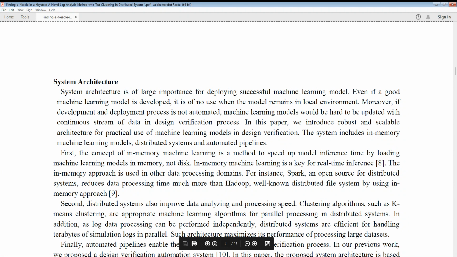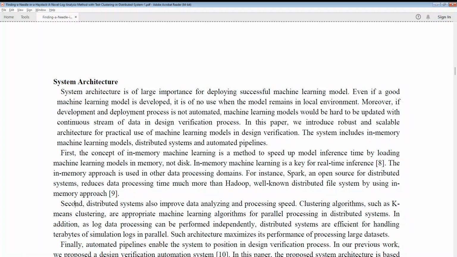The in-memory approach is used in other data processing domains. For instance, Spark, an open source distributed system, reduces data processing times much more than Hadoop, a well-known distributed file system, by using the in-memory approach.